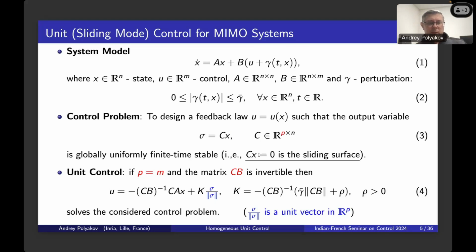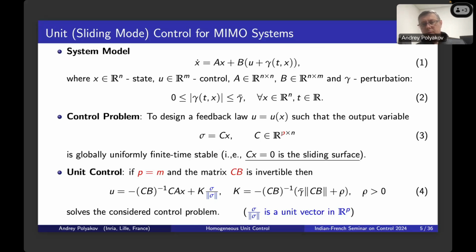And the conventional assumption to design such a controller as a unit control is that the dimension of the sliding surface and the matrix B, the matrix of the control inputs, should be consistent in some sense.